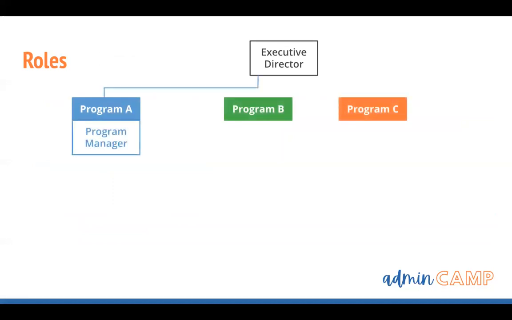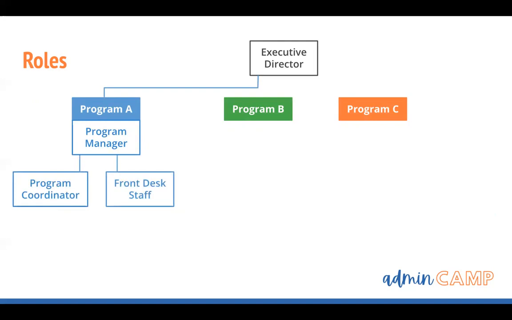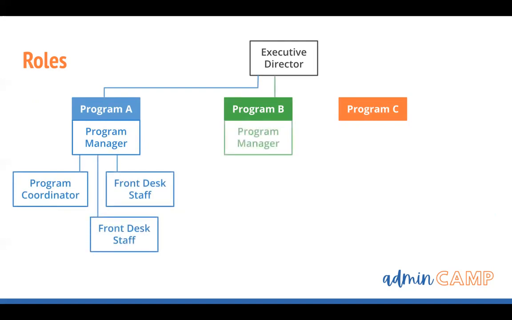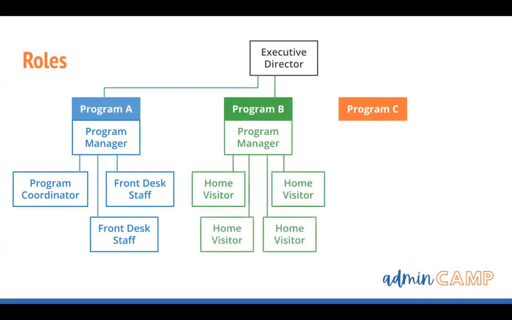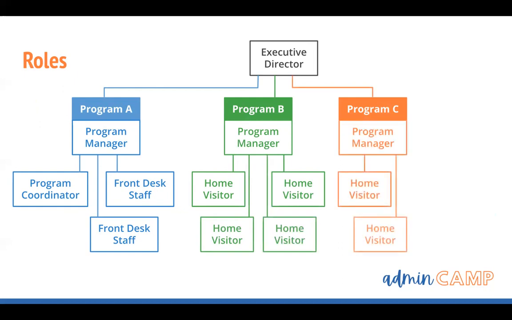In program A, there's a program manager, a program coordinator, and 2 front desk staff. Program B has a program manager with 4 home visitors. Program C, very similar to program B, but smaller, with a program manager and 2 home visitors. And then this organization also has a grants manager who interacts with data in Apricot on a regular basis.